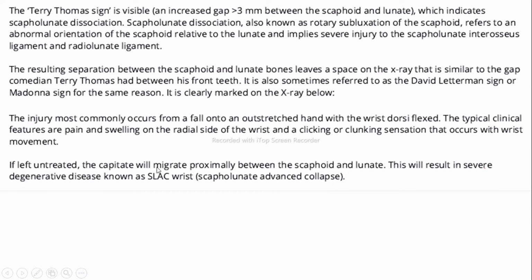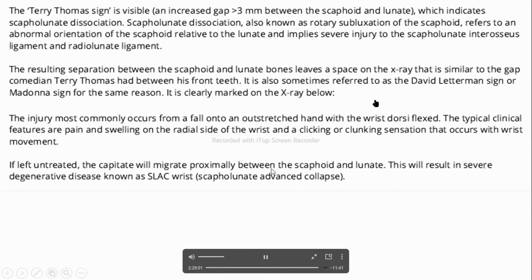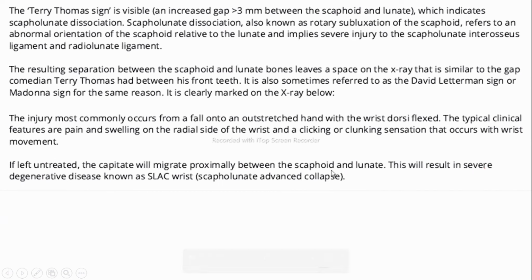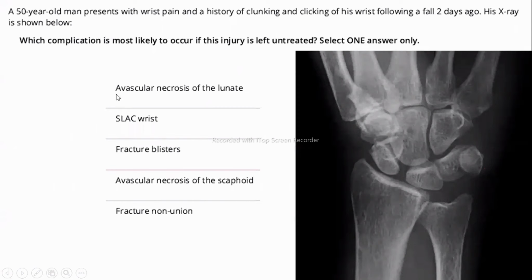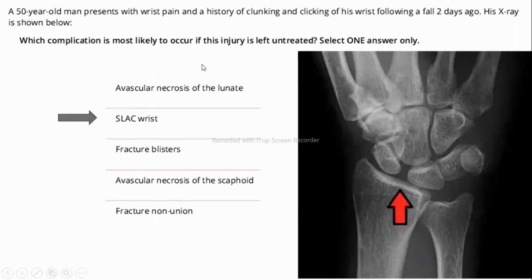So the capitate will migrate proximally between the scaphoid and the lunate. This will result in severe degenerative disease. It's called SLAC wrist. SLAC means scapholunate advanced collapse. What is the complication, guys? SLAC wrist. Okay, so which complication is most likely to occur? SLAC wrist.